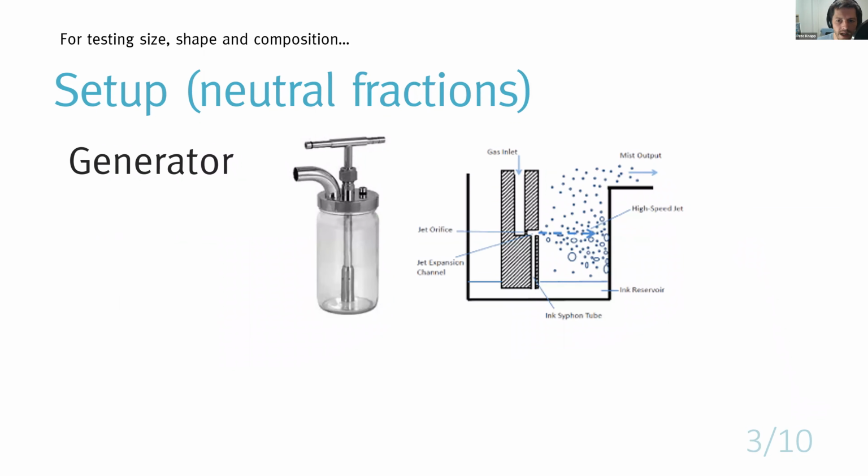The way that I have been doing my measurements with this particular generator, this is a Collison nebulizer. I have a solution in here, and that blows air. I've been using nitrogen. That blows air into the nozzle, and that creates this aerosol. But with that mist, you get all sizes coming out.